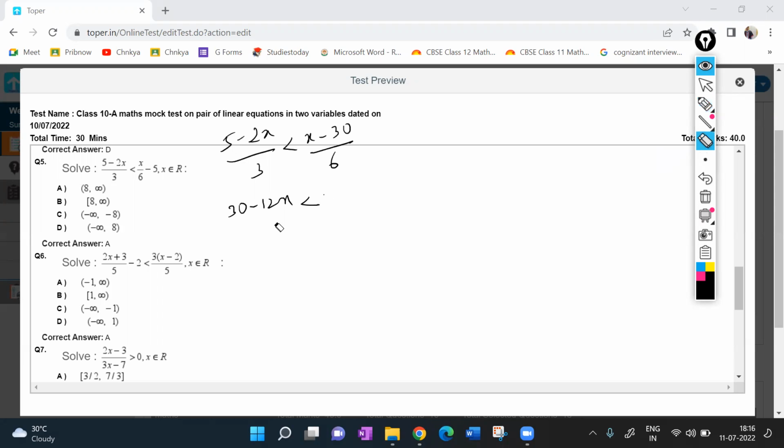What I do here is I simply multiply with 6: 5 minus 2x by 3 less than x minus 30. I mean less than only, not less than or equal to.